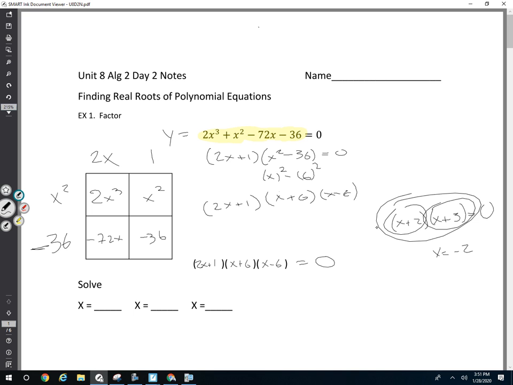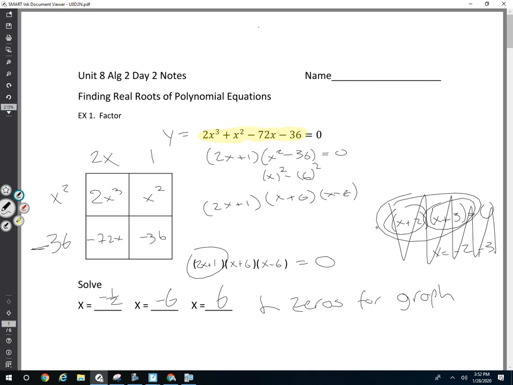Negative 2 and negative 3, right? Well, we figure out then when x is negative 6, when x is positive 6, and what would be when this is 0? Negative 1/2. We actually know the zeros for the graph.